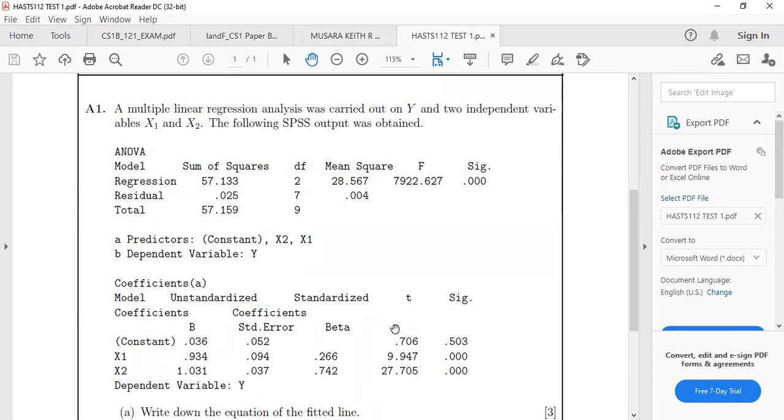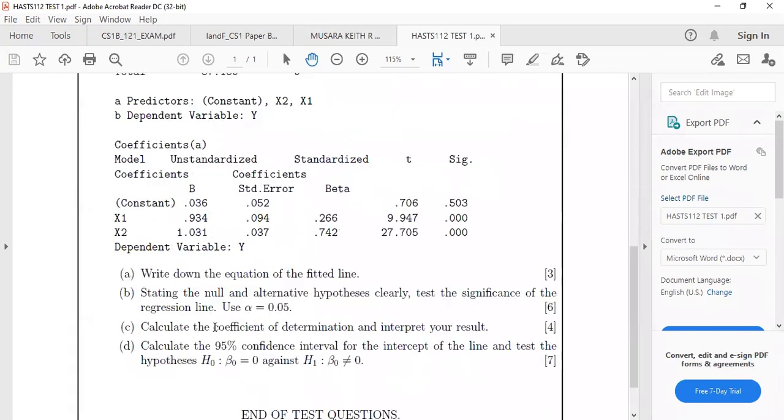99.96. Excellent. But now, most guys were confusing this, mixing it up with coefficient of variation. This is coefficient of determination. So what's the formula for coefficient of variation? Anyone know? If you don't know it, go and check on the notes.